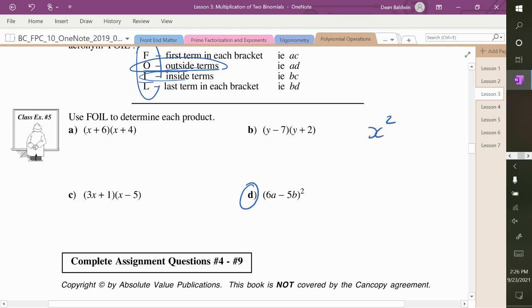If I said this, x squared, what does that mean? Means 1x squared, but it also means this, x times x, right? Okay. So if I give you 6a minus 5b all squared, how many 6a minus 5b's do I have? 2. This means this.